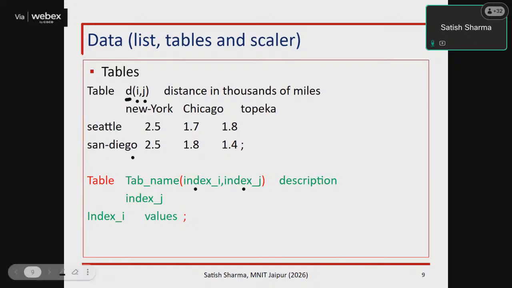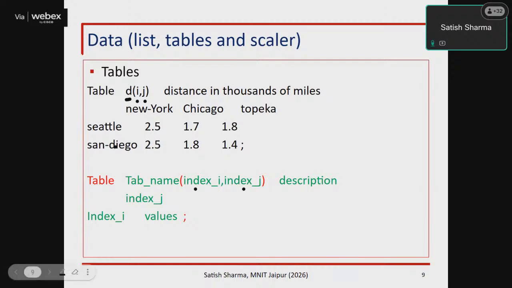Then I have to type the entire table here. There are other ways of getting data from Excel as well, but usually I prefer writing it down in the code. So New York, Chicago and Topeka are the markets, that is the J index.